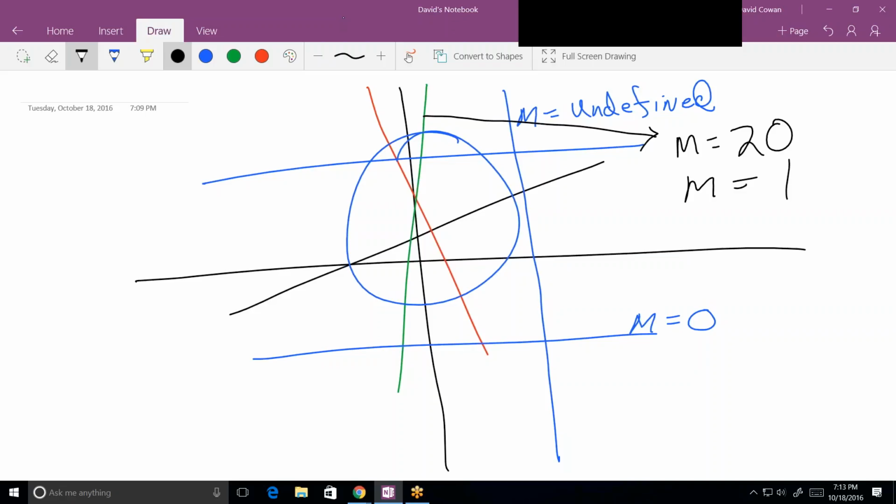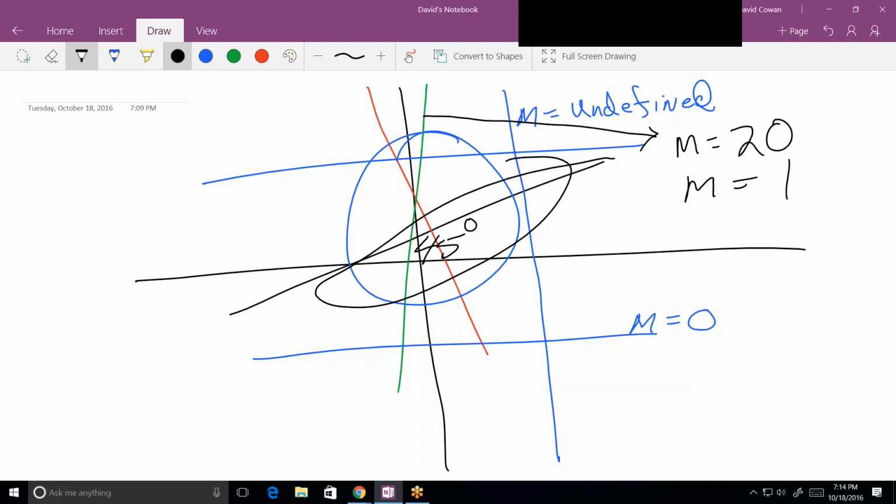So the one that's 1 is this black line here. It's about a 45-degree line, right? That's a slope of 1. If I go up 1 and to the right 1, that makes a 45-degree line. Or at least I was trying to draw it that way.